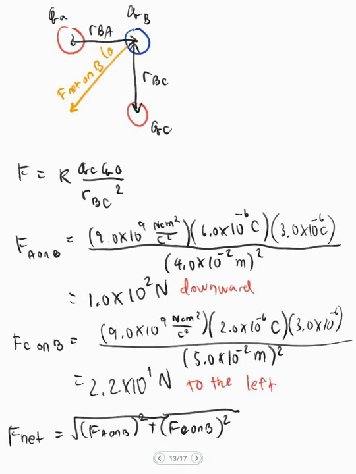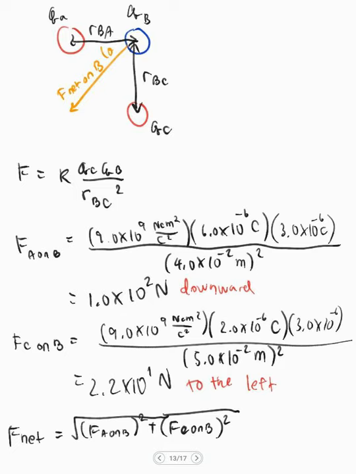Firstly, we should draw a graph. We draw the picture from QA to QB, and then we have a line that represents RBA, and a line that represents RBC.